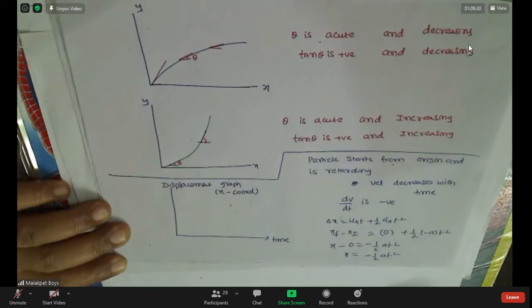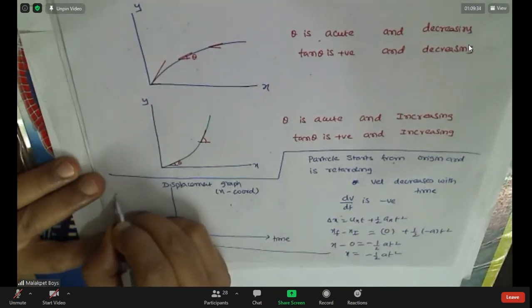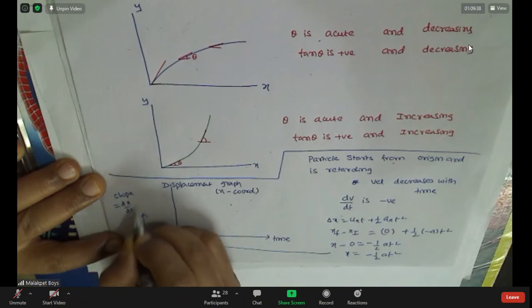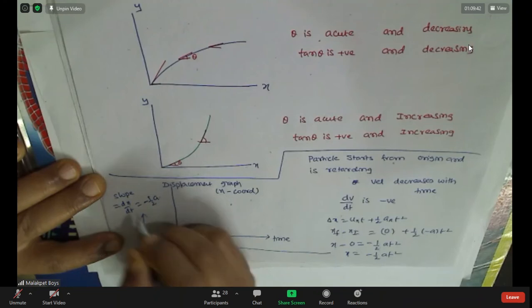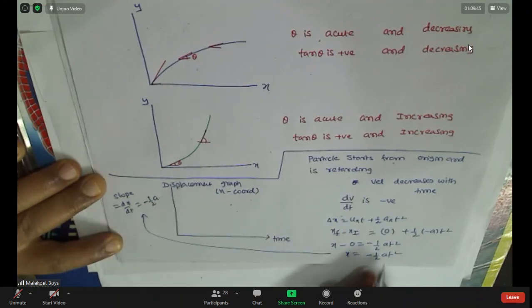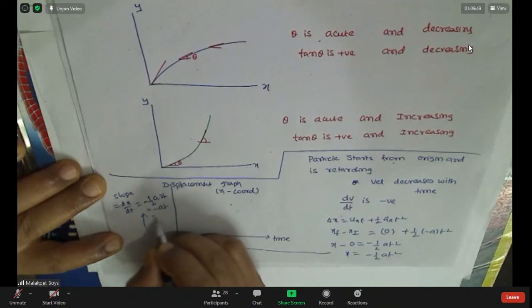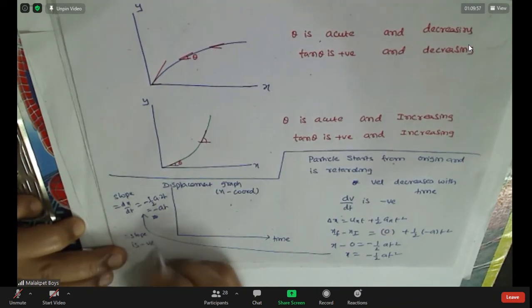Agreed? So from this, can you tell what is the slope? Slope is minus half into minus a... slope is 2t into minus a, minus at. That is nothing but negative or not? Therefore, slope is negative and is decreasing or not?